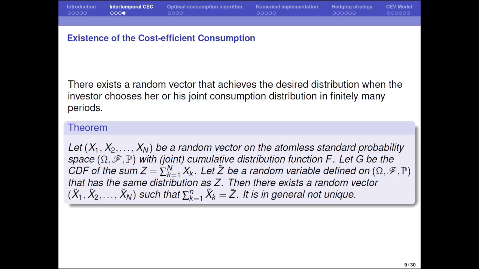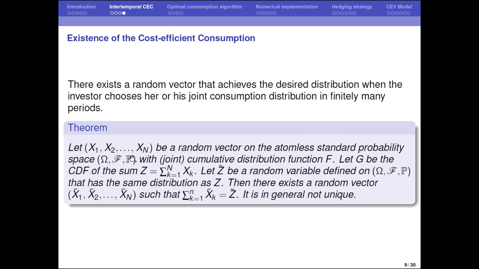So if I let c tilde be a random variable that has the same distribution as c, that is the distribution I want, we show that there exists a random vector such that the sum of its elements achieves the distribution I want.